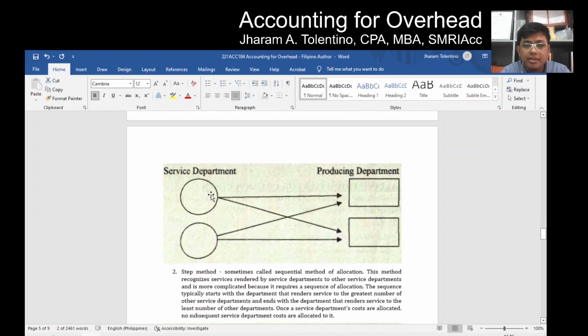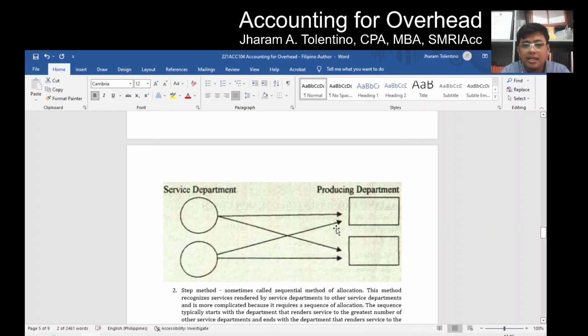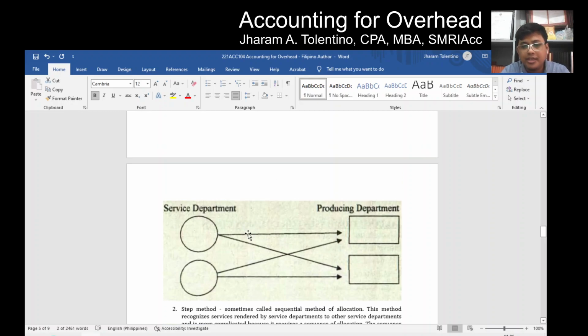Ito, example. Halimbawa lang ganito, para medyo maintindihan nyo the difference between service department and producing department. Halimbawa, University of Luzon. Paano siya mag-charge ng overhead? Pwedeng divide niya lang by the number of colleges.